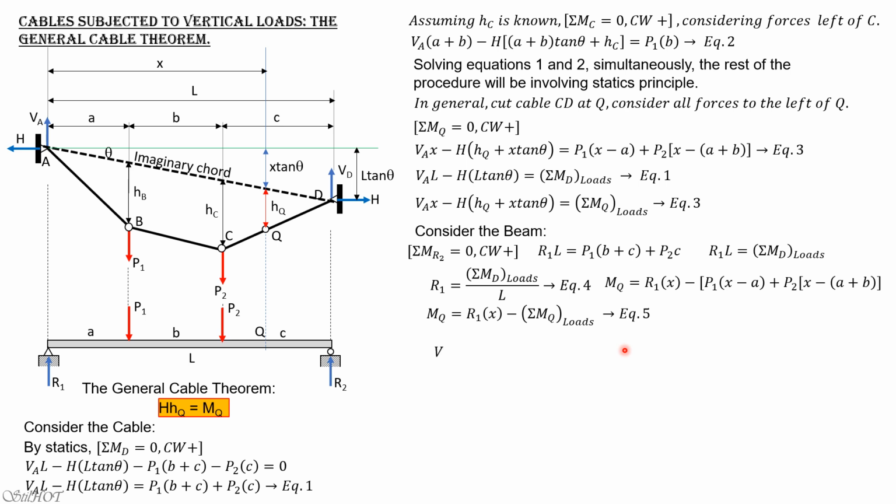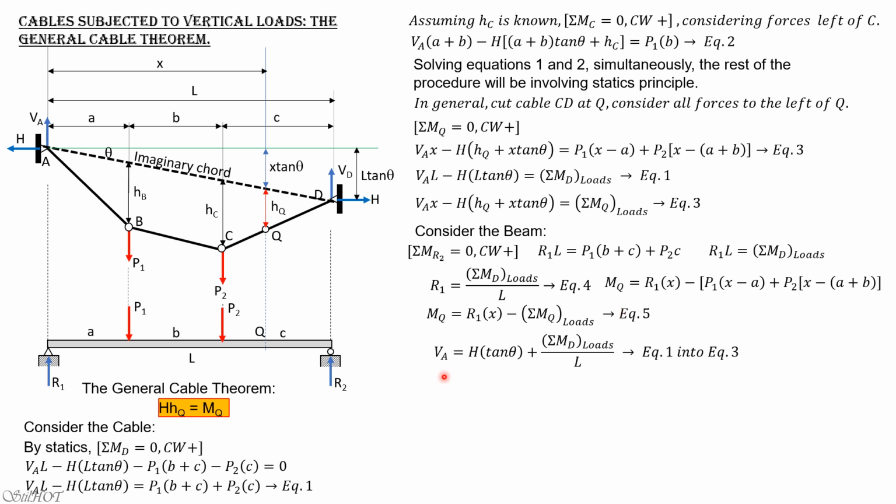So substituting the value of R1, by the way, V sub A is equal to H, dividing everything by L from equation 1, so H tangent theta, then plus summation of moment about D due to the loads divided by L. So this equation comes from equation 1 here. After we divide by L and transpose this part to the right, then substitute this equation into equation 3.